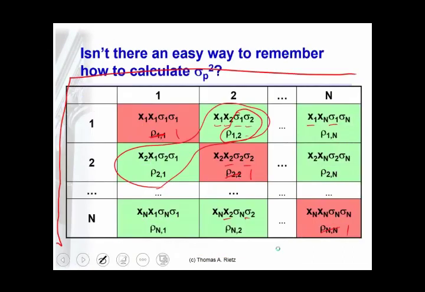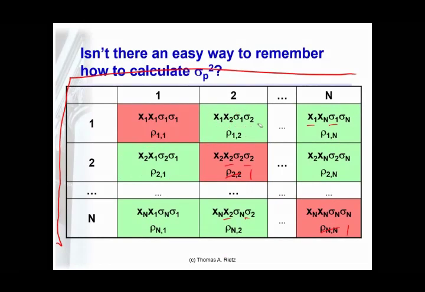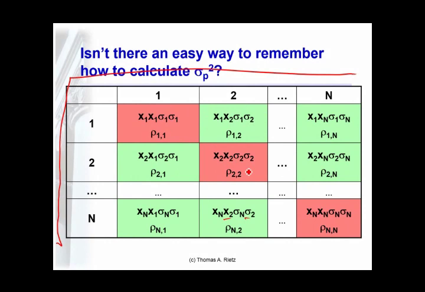Or if you look at this table, it becomes fairly obvious. If you have a fairly large portfolio, say the S&P 500 with 500 stocks in here, what happens is these terms down the diagonal, there's 500 of those. Multiply 500 by 500, there's 250,000 terms.